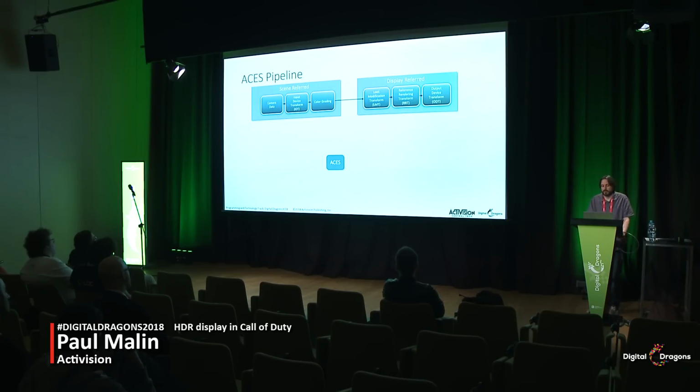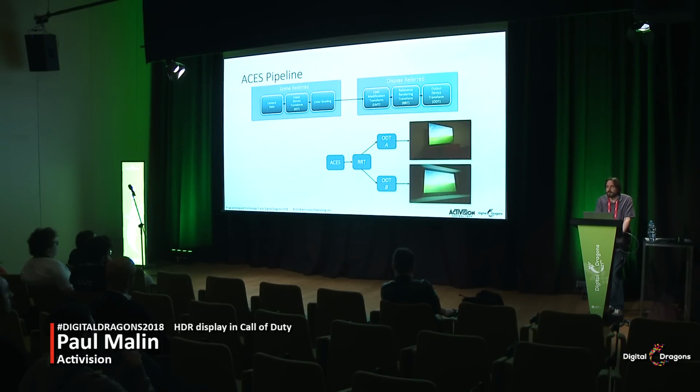The rendering transform takes HDR colors and applies a curve to reduce their range to something closer to displayable. The rendering transform may also apply a specific filmic look. The reference rendering transform, or RRT, is provided as a default implementation of this. Finally, output device transforms, or ODTs, are applied, which target specific output devices and display capabilities.